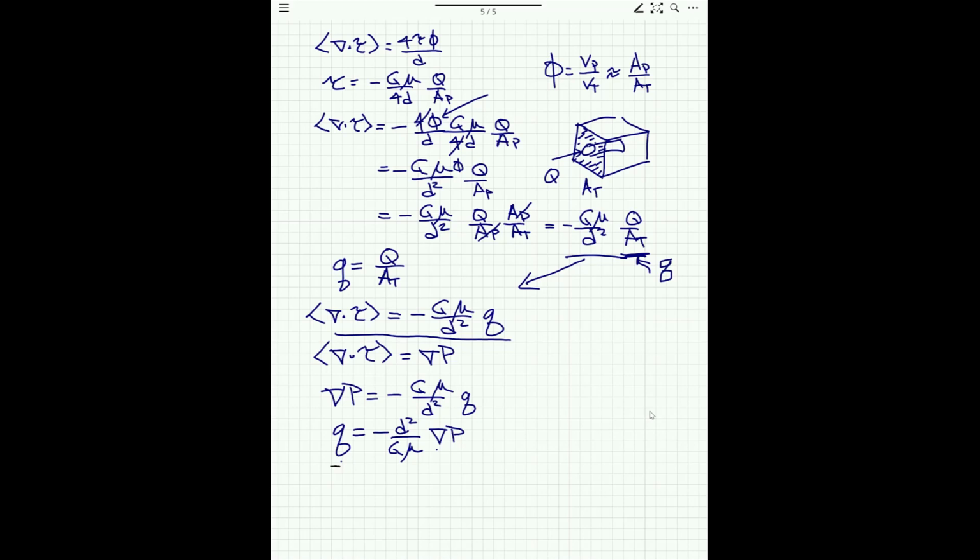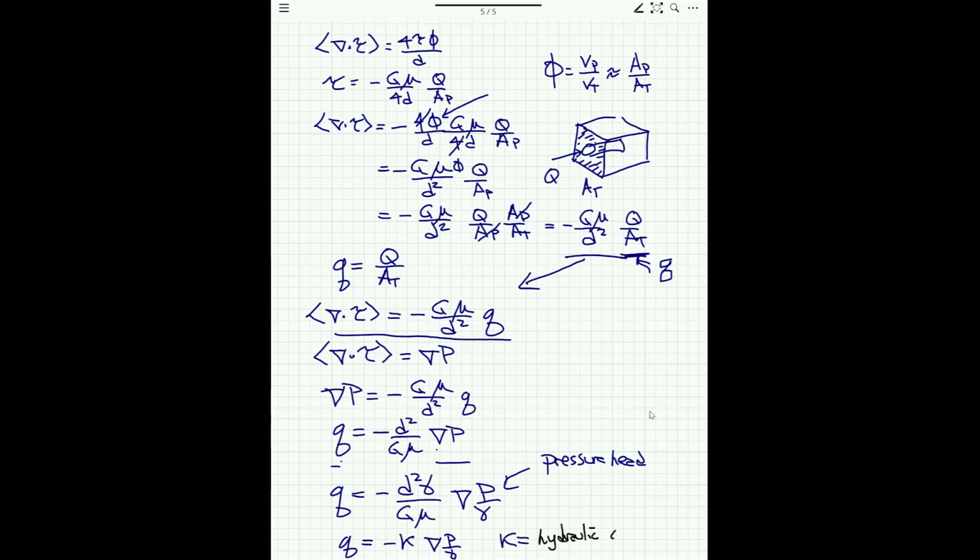This is a form of Darcy's Law. We can rewrite it like this. So this term here is the pressure head. And we could write it with K, where K is the hydraulic conductivity. So this gives us Darcy's Law as a pressure head gradient proportional to the flux that we get by starting with the conservation of momentum.